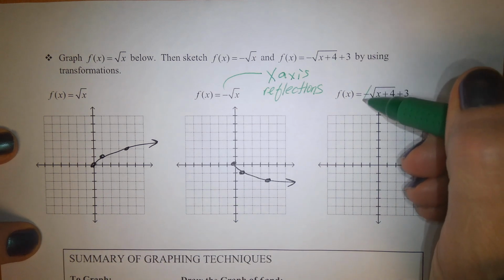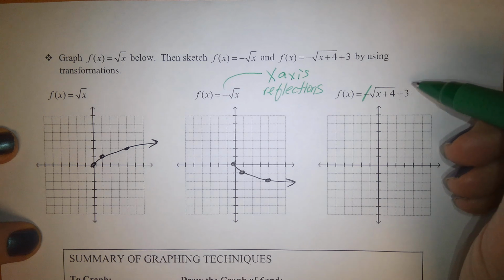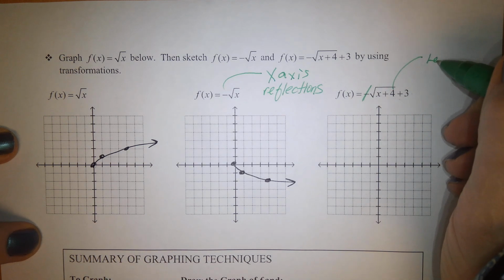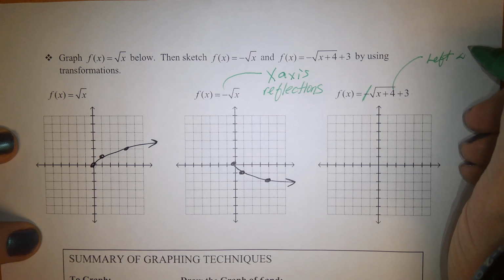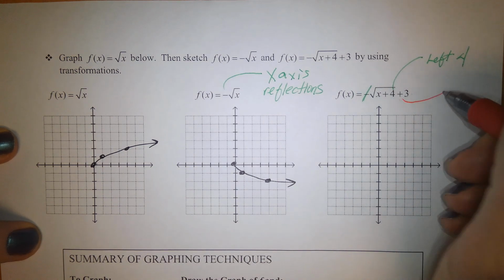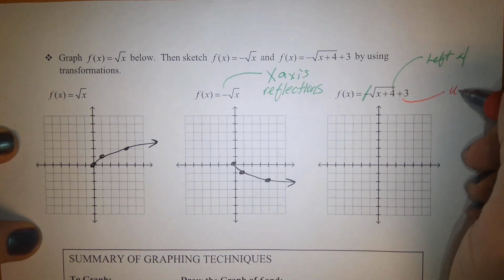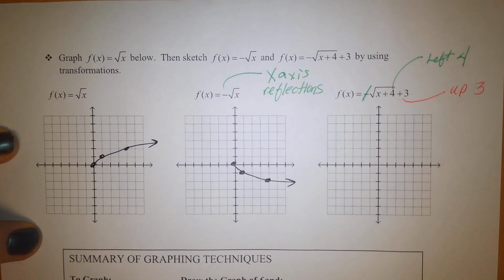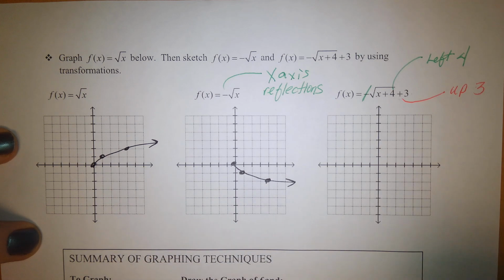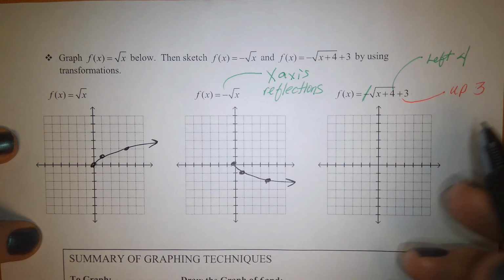Then, now that that's already been done, now we're going to add 4 on the inside of the function, which means we're going to move it left 4 units. Then we're going to add 3 on the outside of the function, which means we're going to move it up 3. So all of these 3 points are going to move left 4 and up 3.